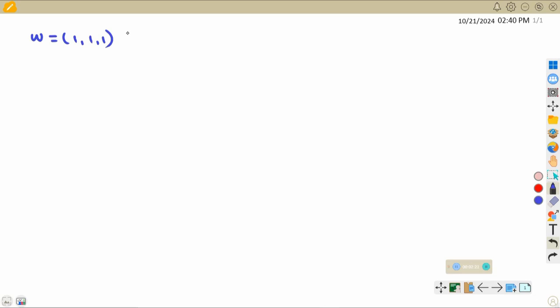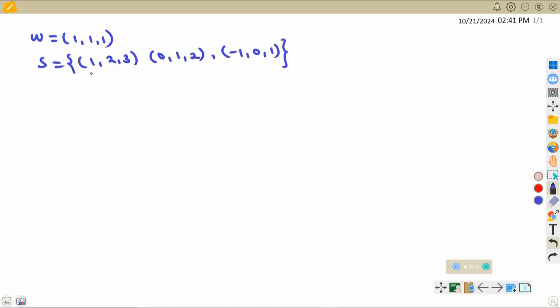We need to write this as a linear combination of the vectors in the set S, and set S contains 1, 2, 3, then 0, 1, 2, then negative 1, 0, 1.